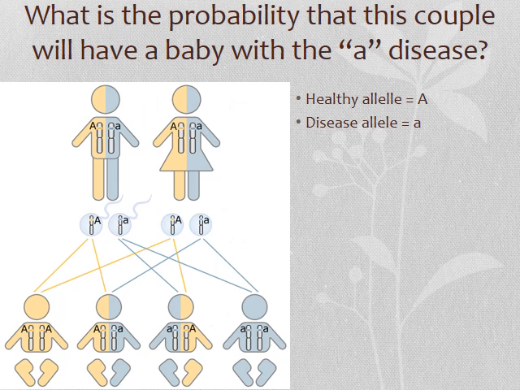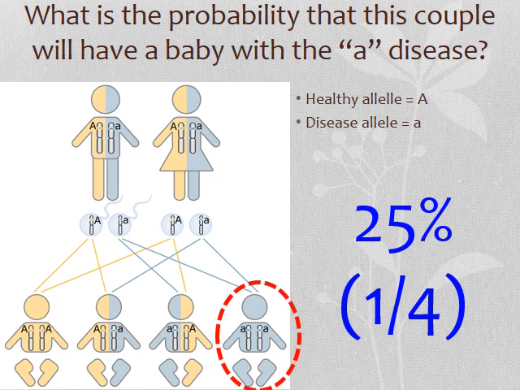So, let's say that we're looking at a specific disease, the A disease. The healthy allele, meaning no disease, is capital A, whereas the disease allele would be lowercase, little a. So what is the probability that this couple will have a baby with the lowercase a disease? Now remember, since it's recessive, the only way that they can have it is if they have 2 lowercase a alleles.